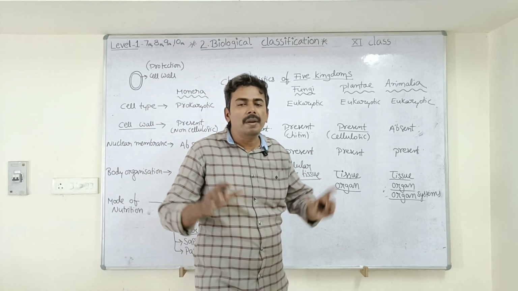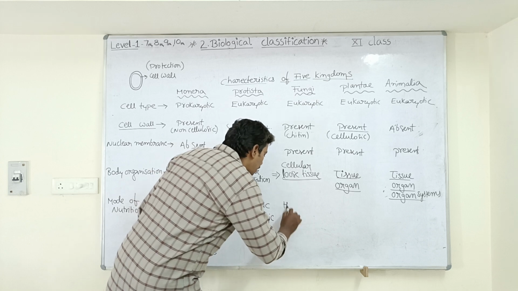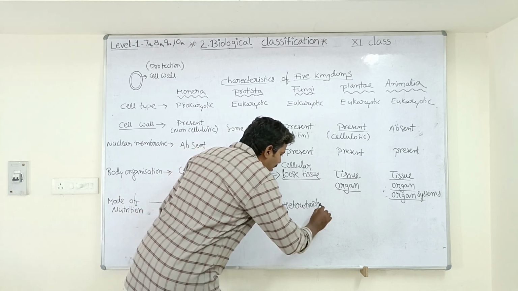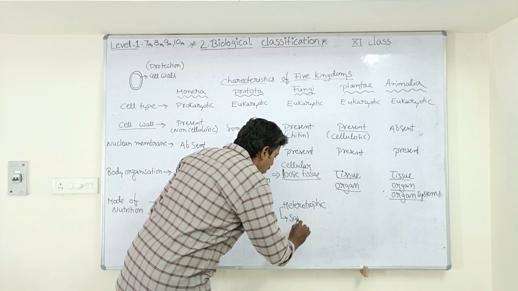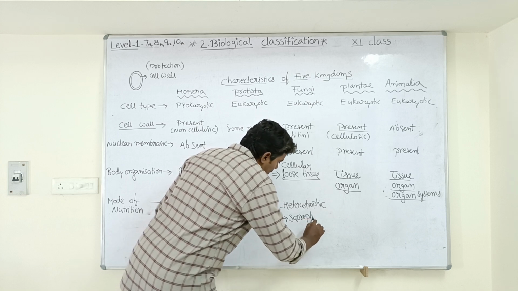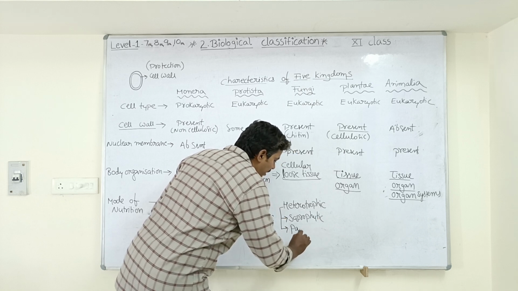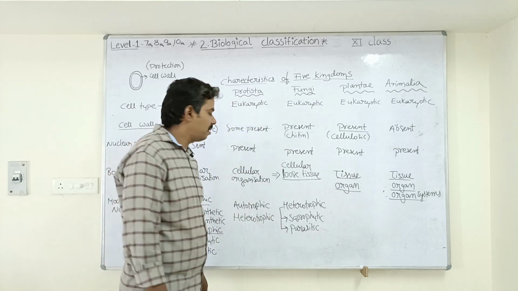Kingdom Fungi completely comprises heterotrophic organisms. Under heterotrophic, some are saprophytic and some are parasitic fungi, which cause diseases in other organisms.